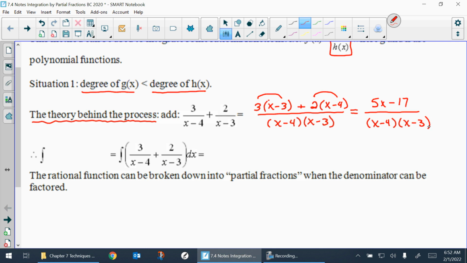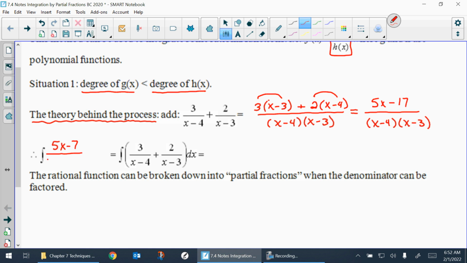And so, if I were given the problem, 5x minus 17 over x, let's call it, let's make this even a little more complicated here.